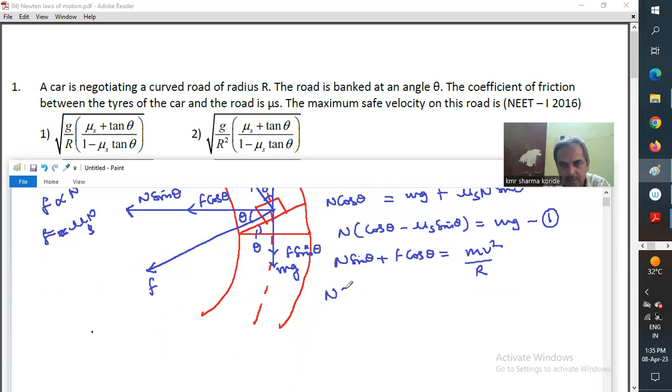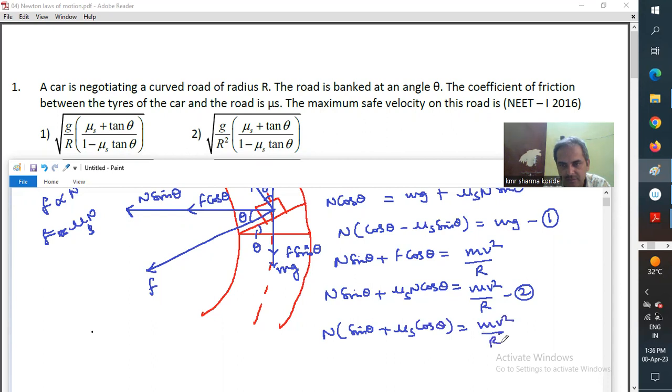Once again, N sin theta plus mu s N cos theta is equal to mv square by r. Call this equation 2. Taking N common, N times sin theta plus mu s cos theta is equal to mv square by r. This is not a new equation.